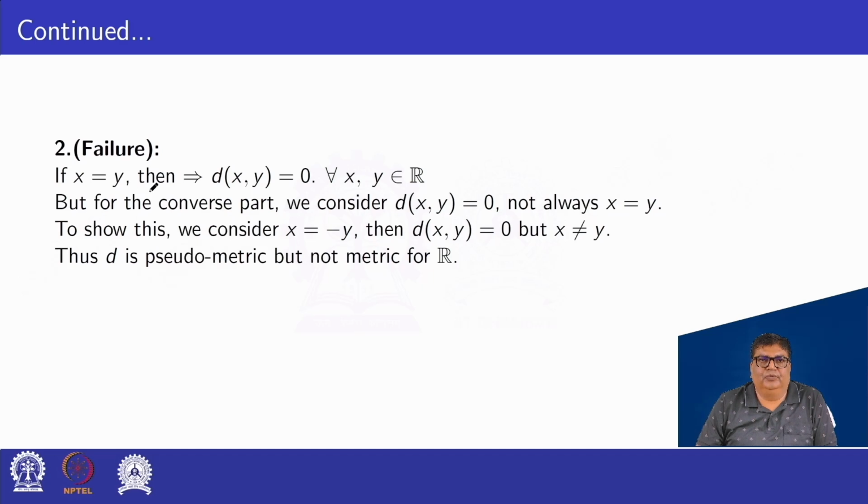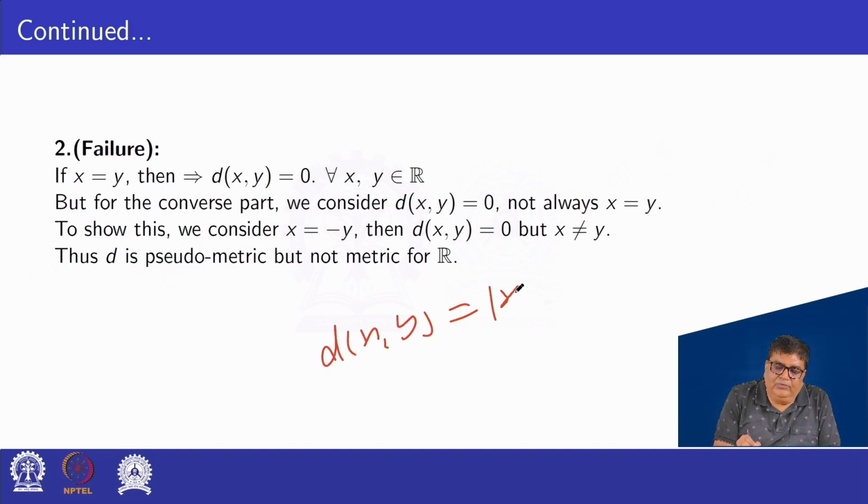Second condition, failure. If x is equal to y, then dxy is equal to 0 for all x, y belonging to R, because here dxy is equal to modulus of x square minus y square. But for the converse part, we consider dxy is equal to 0, not always x is equal to y.